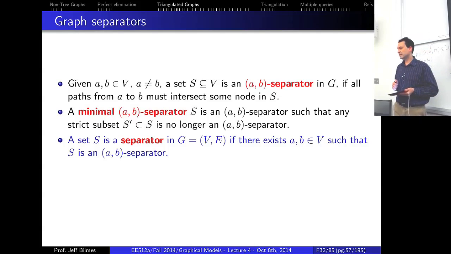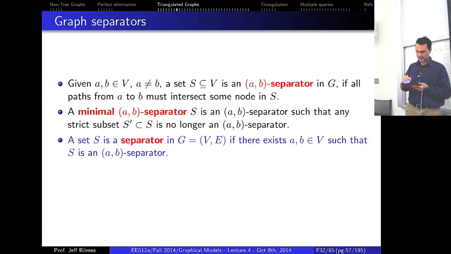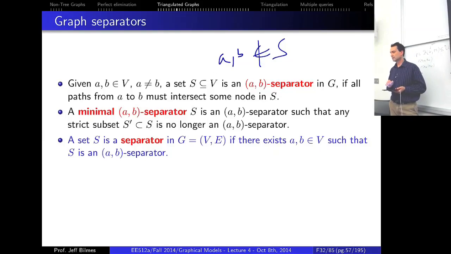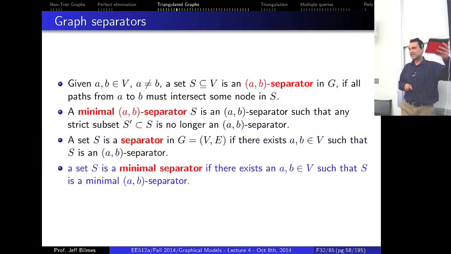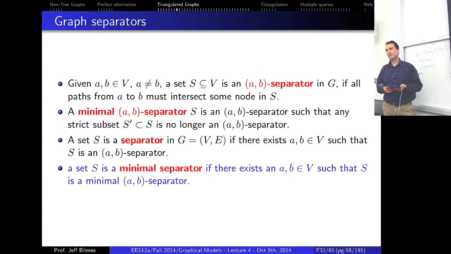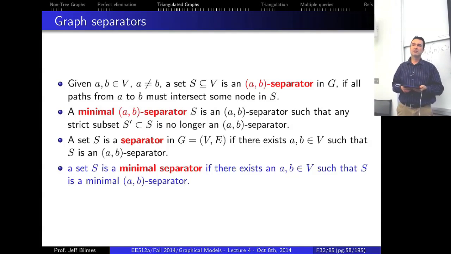No, because the idea is that S separates A from B. So we have to go from A through S into B. So A and B are not in S. And lastly, a generic minimal separator is a set S such that there exists an A and B such that S is an AB minimal separator.